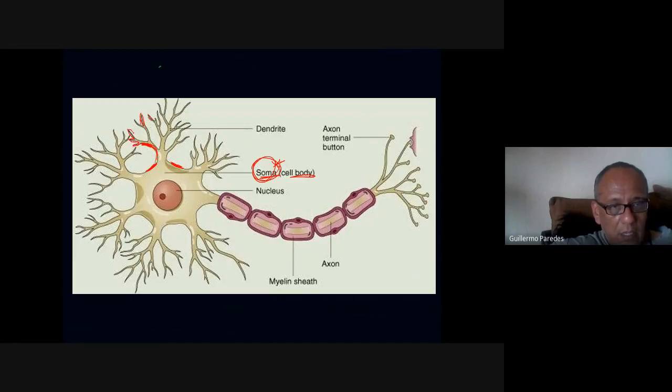So the dendrites are the continuation of the cytoplasm and the cell membrane. Same here. Can you see the cell membrane here? The cell membrane is going to go all the way here. So this is like a corridor with cytoplasm inside. This is part of the cell. You okay with that?